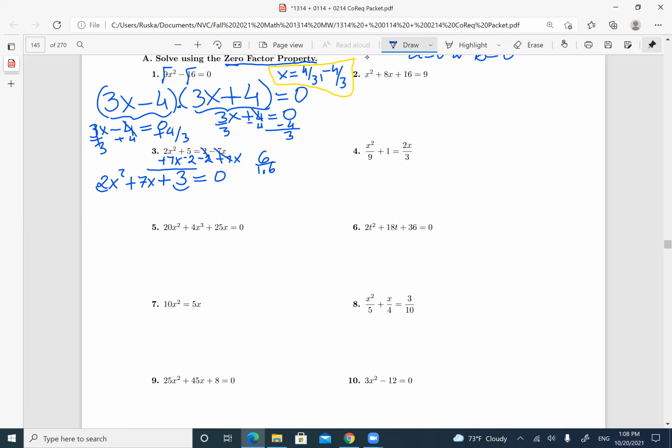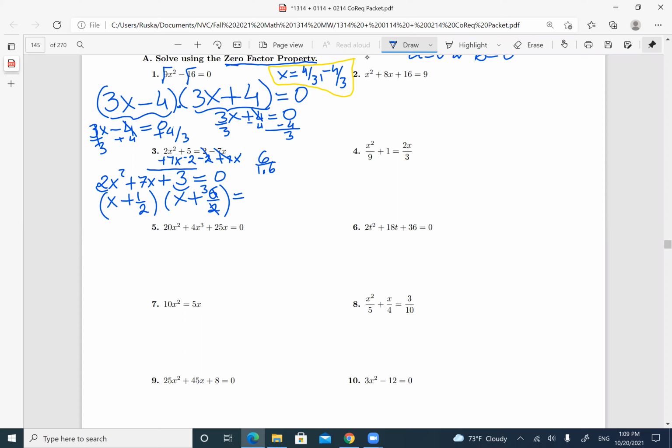And how do you factor? You put x plus 1 over 2 and x plus 6 over 2. And then 6 divided by 2 is 3. And here the 2 goes in front.